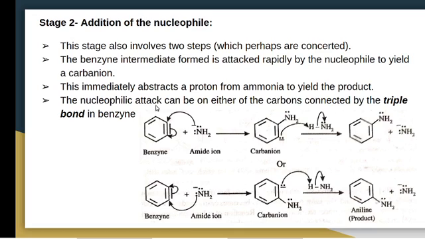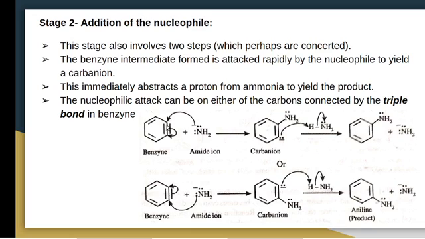So the nucleophilic attack can be on either side of the carbons connected by the triple bond in benzyne. So in the case of benzyne, the nucleophile can attack from both sides. This nucleophile can attack on either carbon which are connected through the triple bond.